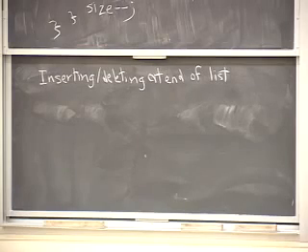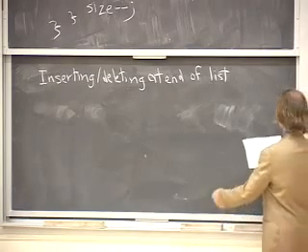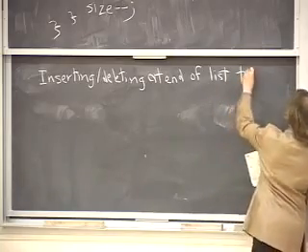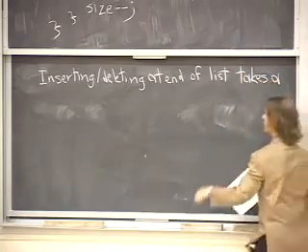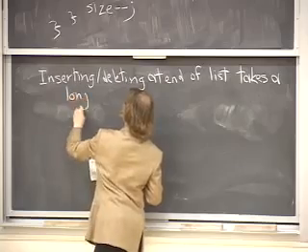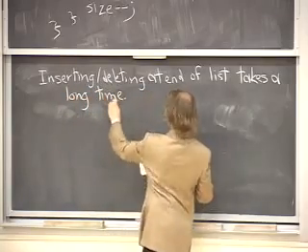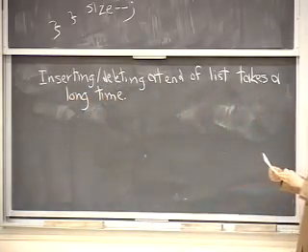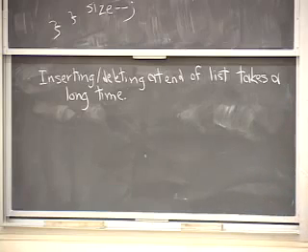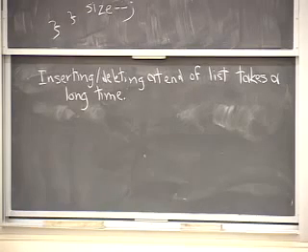And if there's a million items in your list, then you've just wasted a lot of time. Now, in Lab 3 next week, you'll see that by adding a tail pointer that points to the last item of the list, you can solve the inserting problem. And then it becomes easy to insert at the end of a list. But deleting is still hard because there's no way to back up the tail pointer.